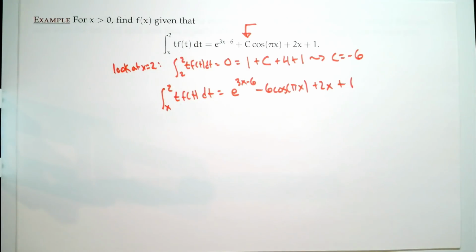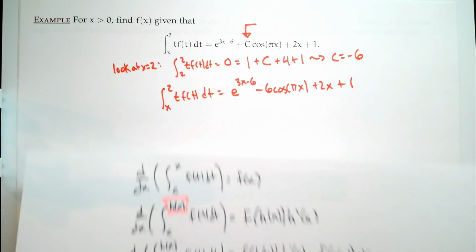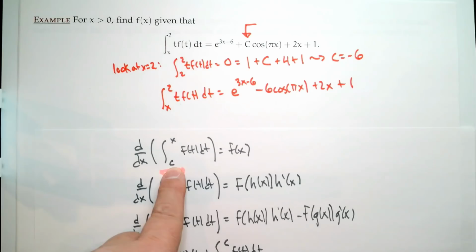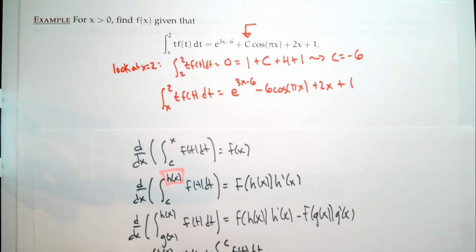So what's something we can do to get rid of that integral? Well, we could apply a derivative. So if you take a derivative of an integral, you get back what's on the inside. So we want to get that f from outside, we want to free it from that integral. So we're going to use a derivative to do that.